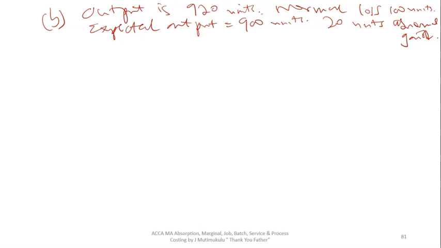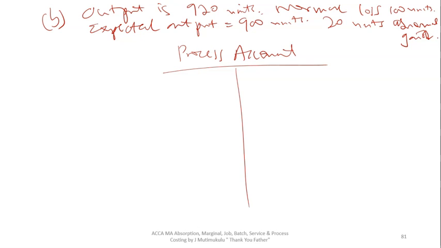So in that case, what we do is we come up with the process account. And remember, the abnormal loss or abnormal gain are valued at the cost of a good unit. Always remember that. Otherwise, you'll be in trouble.